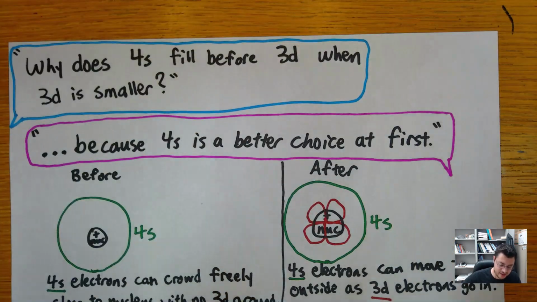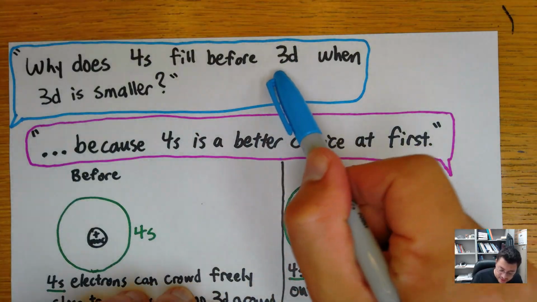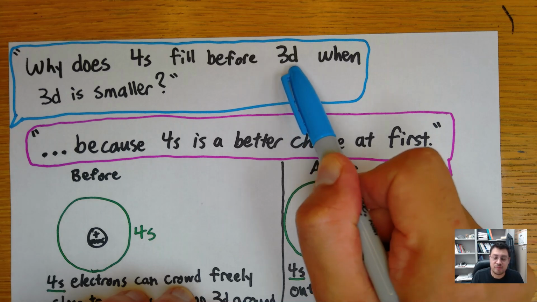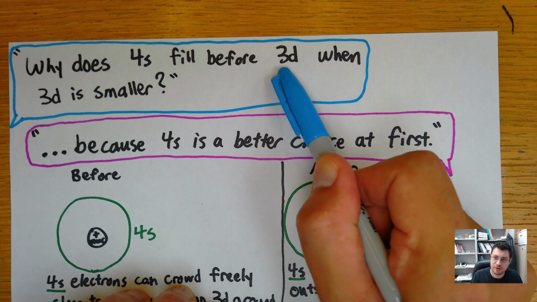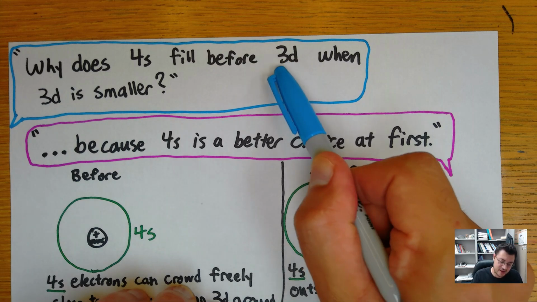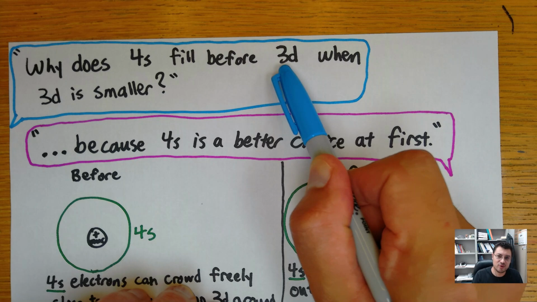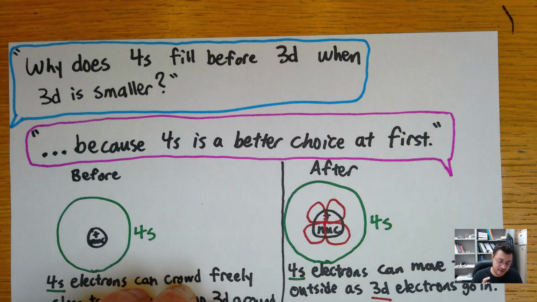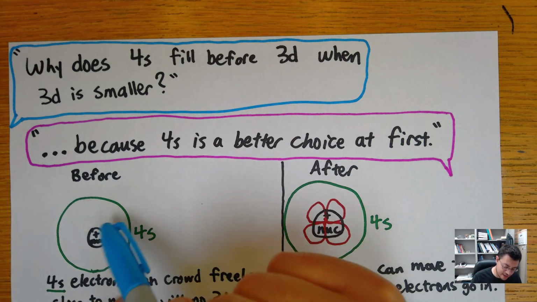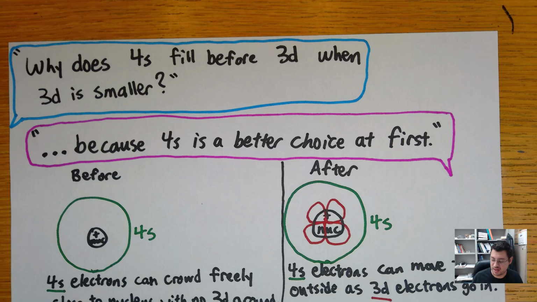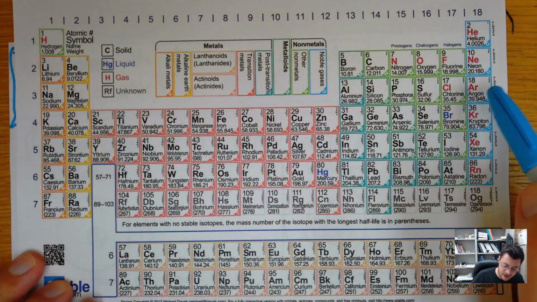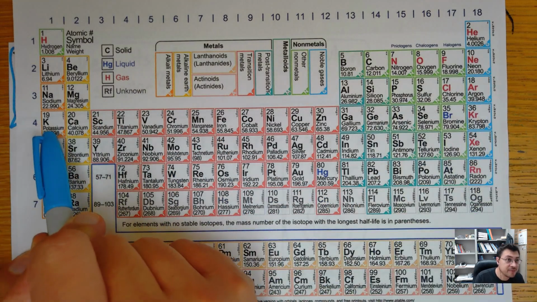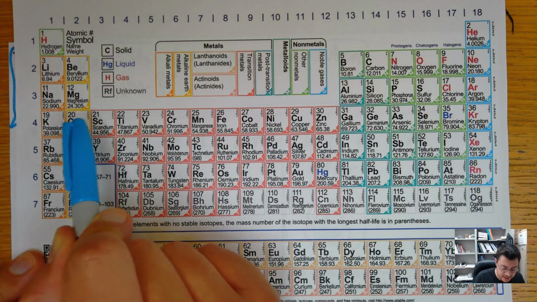That 3 in front of the d means it's a smaller orbital. Okay, so maybe that makes sense. Oh, the 3d is smaller, that's why I should have a 3 in front, because that number in front, the principal quantum number, has to deal with size. That is correct. But 4s is filled before any 3d. You go for scandium, you are at argon and you go 4s1, 4s2, and then 3d1.